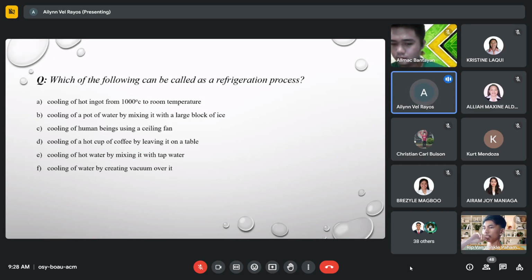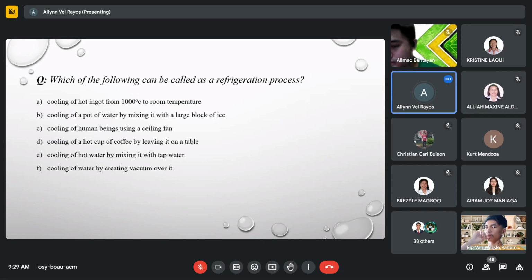So, another example kung bakit nagagamit yung mga vacuum is that meron tayong mga tinatawag na vacuum pressure. So if the pressure inside an insulated space is below the atmospheric, yung vacuum is below atmospheric pressure.